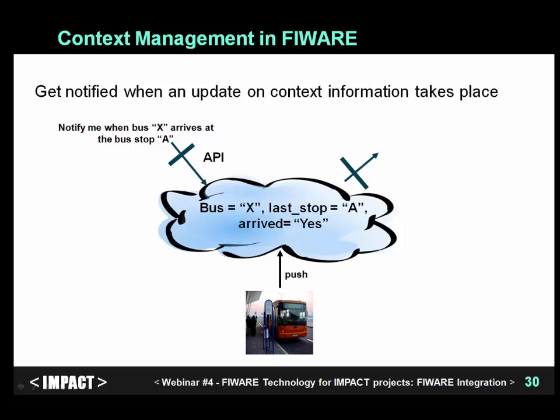And of course, you do that through the API. Then whenever the bus, through the IoT device attached to it, writes to the context broker that it has arrived at stop A, this notification just goes to your application and you can apply whatever logic to it.